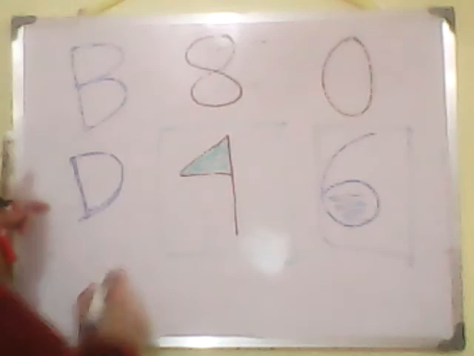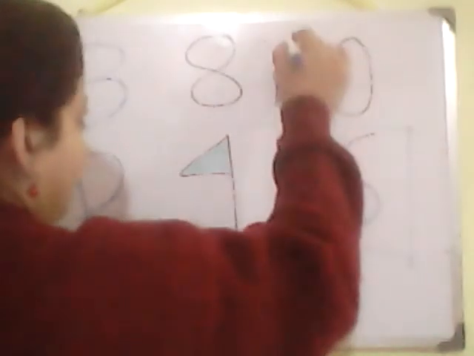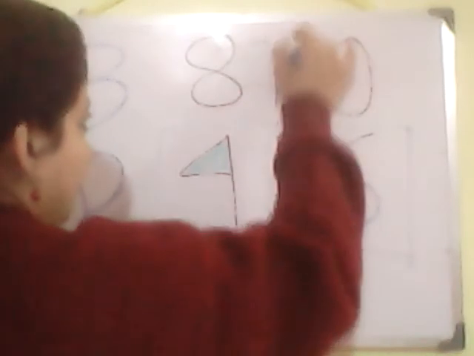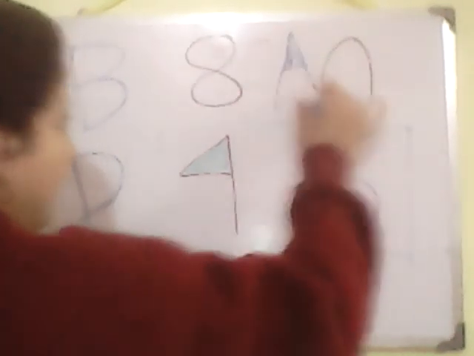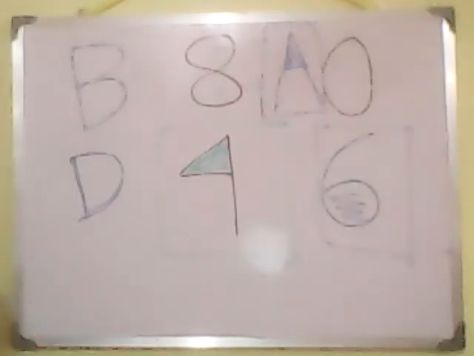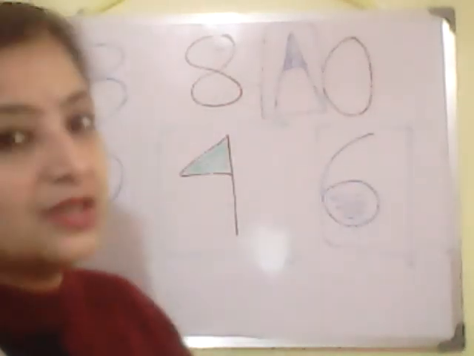But in the case of letter A, this area is bounded, but whenever we consider it as a whole, it's not at all bounded. So it's partially bounded. You can check other letters also, whether they are bounded or not bounded.